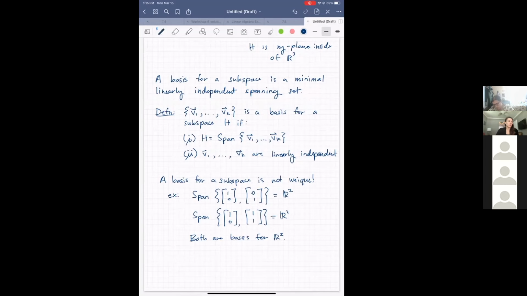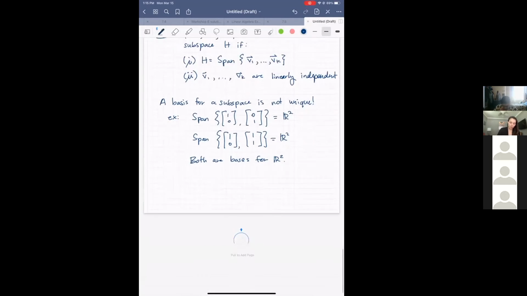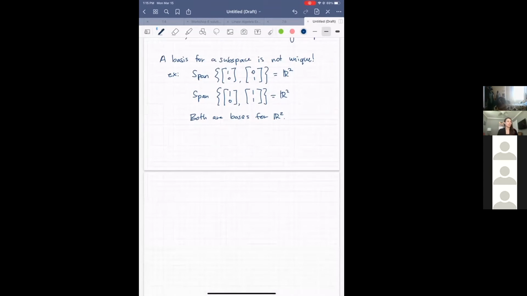Right, so we are going to go ahead and talk about the column and null space of a matrix. So these are special subspaces that are going to be pretty important, right?